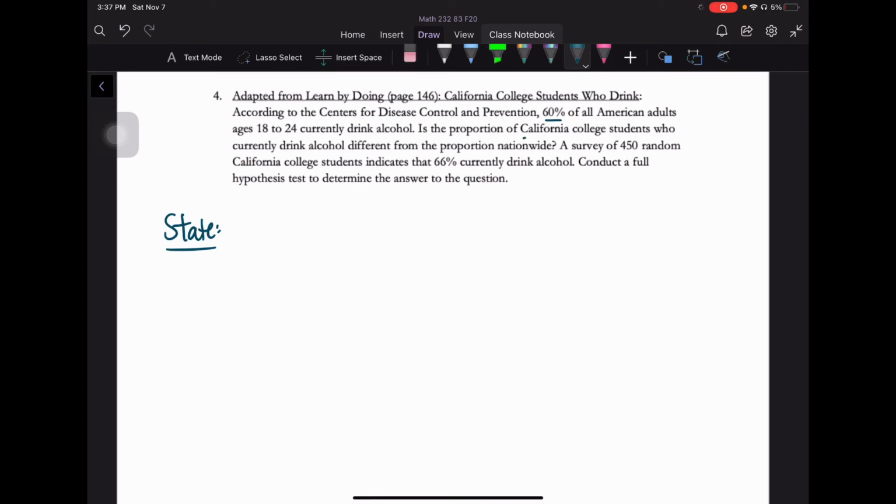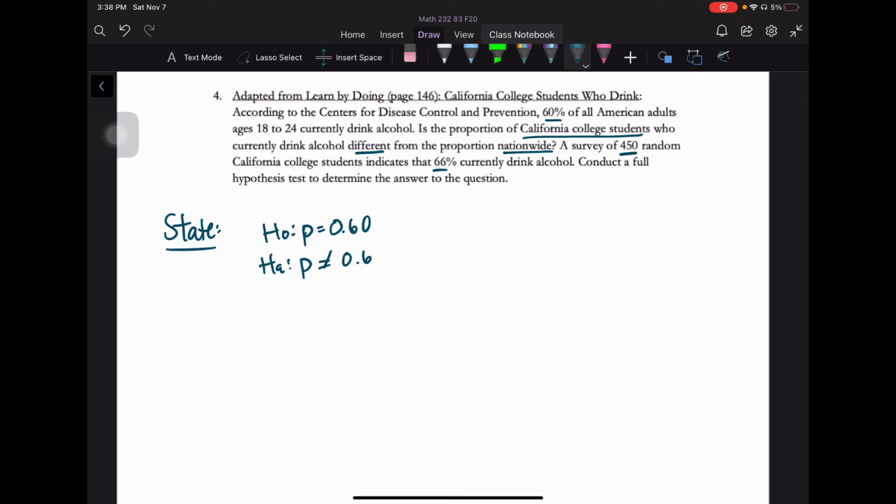Is the proportion of community college students who currently drink alcohol different from the proportion nationwide? A survey of 450 community college students indicates that 66% currently drink alcohol. So our null is that the proportion is equal to 60%, and our alternative is that the proportion is different than 0.6.